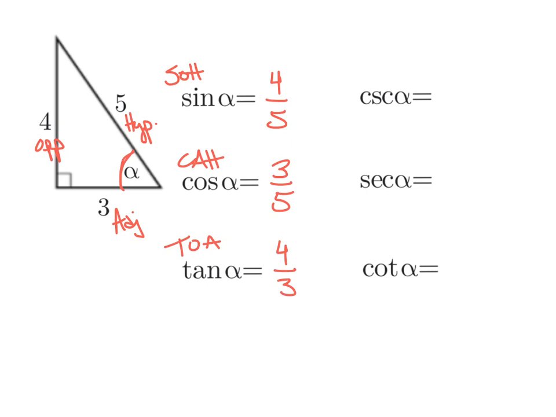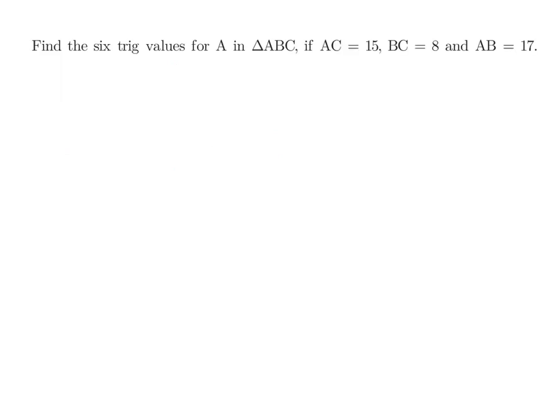Then when it comes to the reciprocal functions, we just take the reciprocal of these fractions. Cotangent is reciprocal of tangent, so its value is 3/4. Secant is a reciprocal of cosine, so 5/3. And cosecant is a reciprocal of sine, so the value of cosecant of alpha is 5/4.